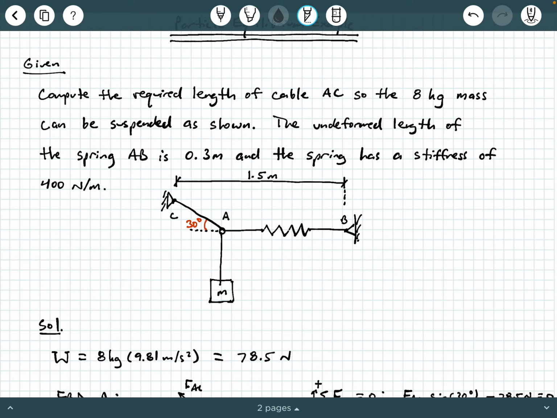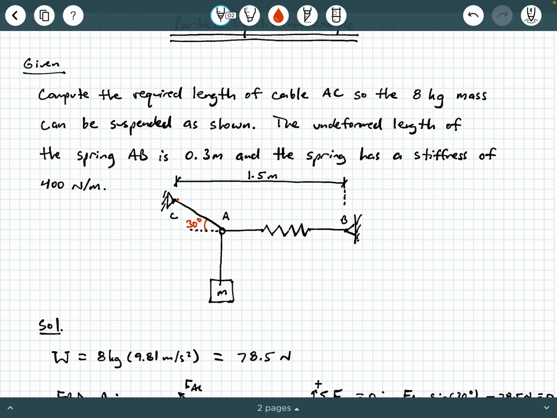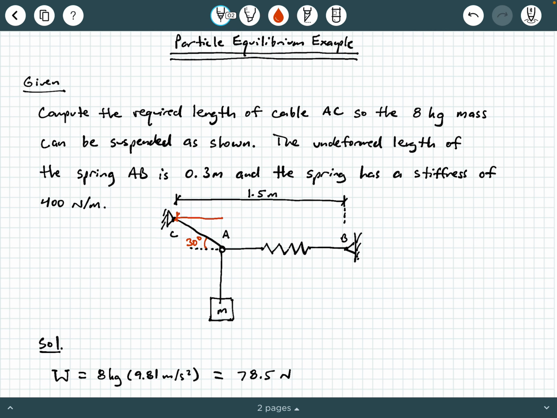So here's how we can think of it. This total 1.5 length is going to be equal to what? Well, it's going to be equal to the horizontal component of AC plus this overall stretched length of AB, okay?